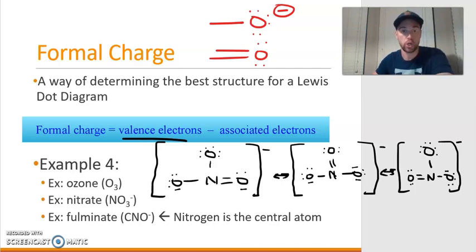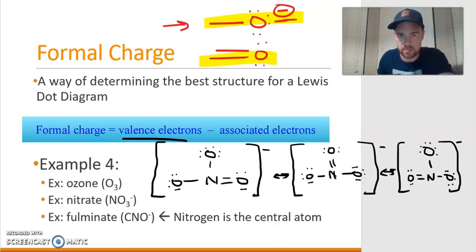So you could do the math and figure out what the formal charge is for everything, or you can remember the trick that I taught you up here, because like I said, oxygen will pop up the most. When you see oxygen in the terminal position, singly bonded, it is going to have a -1 formal charge. So immediately I'm going to come down here. Notice oxygens are in the terminal positions.